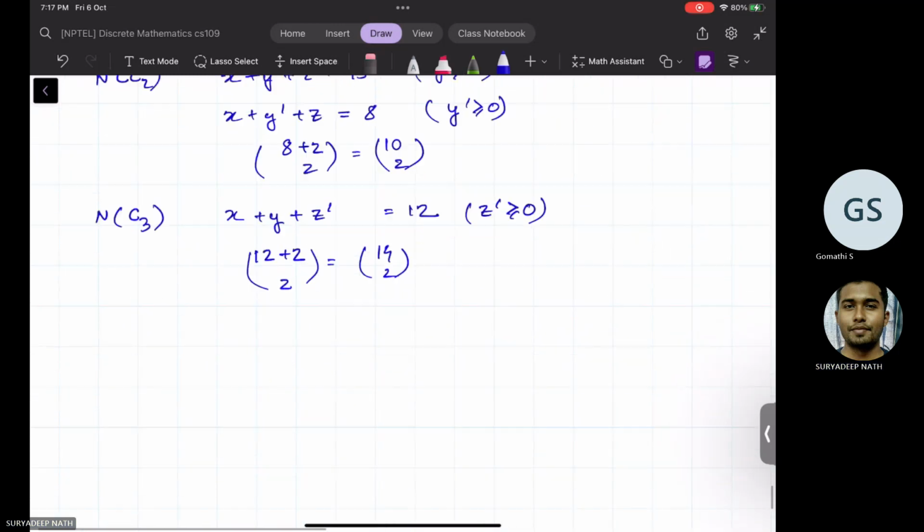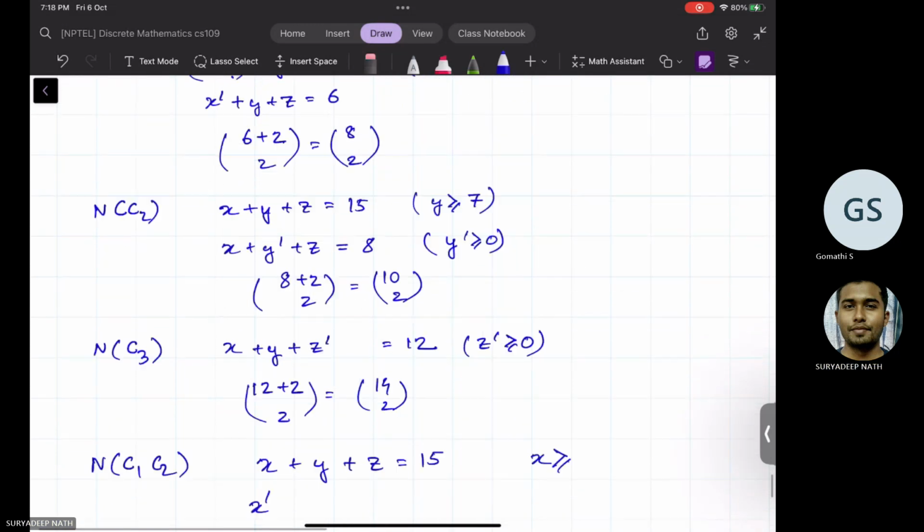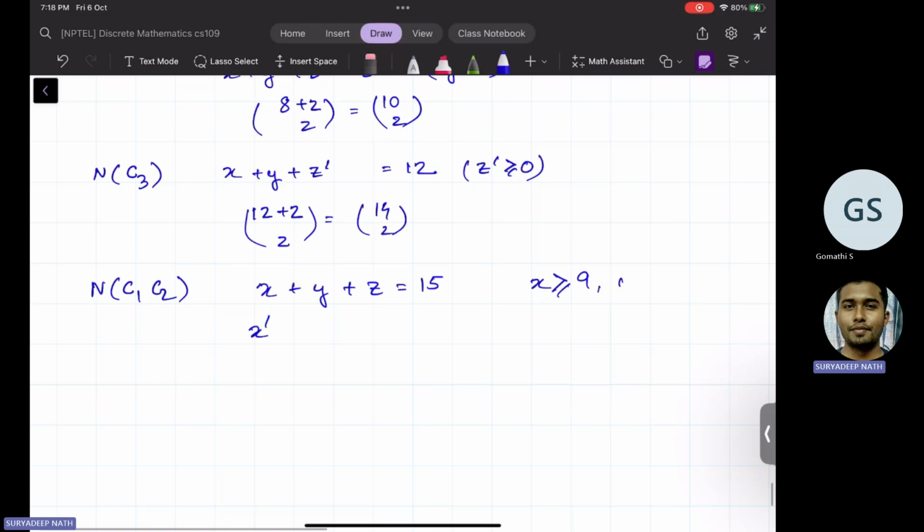For N(C1, C2), we'll have x plus y plus z equals 15. Here we'll have to write x greater than or equal to 9 and y greater than or equal to 7. So it is x bar plus 9, y bar plus 7, plus z equals 15.